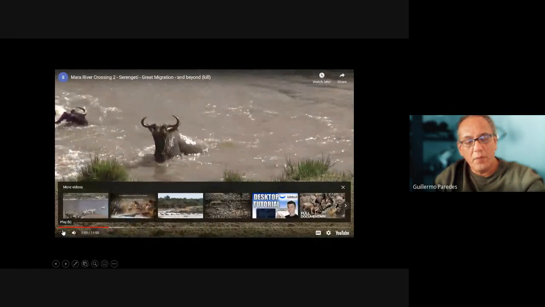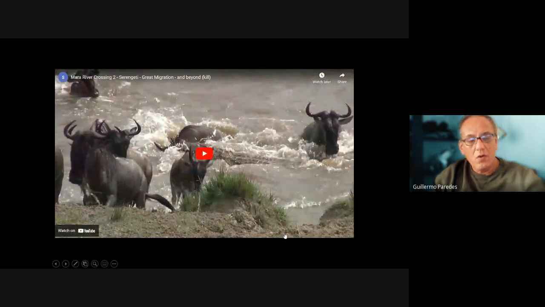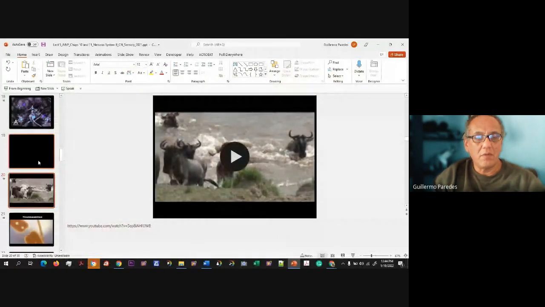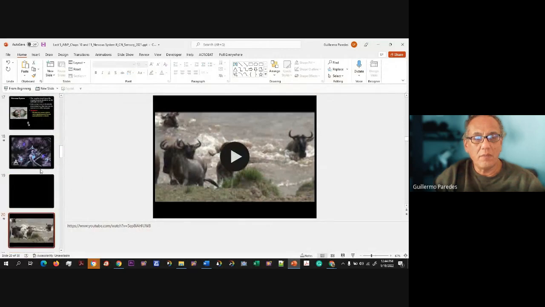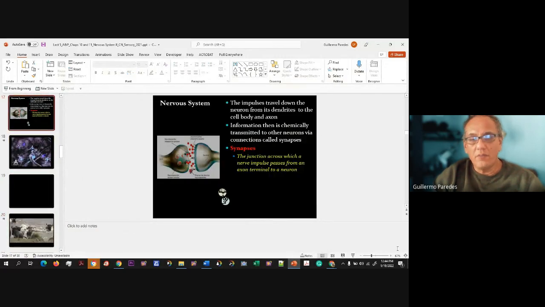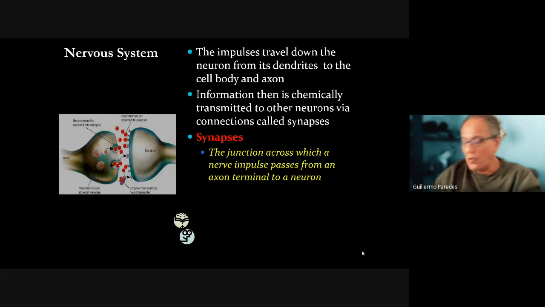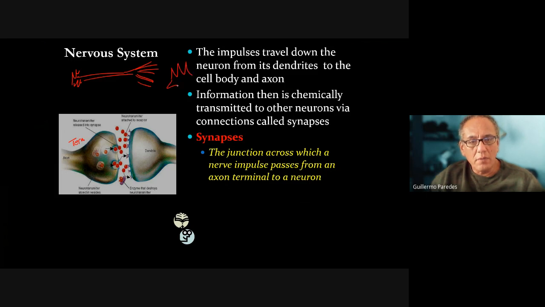All right. Perfect. So now, that is exactly the same as what happens in the nervous system. Here in the synapses, please don't lose focus. This is the terminal axon. So we have here the nerve, the axon and a terminal axon. And here we have another nerve with the dendrites.